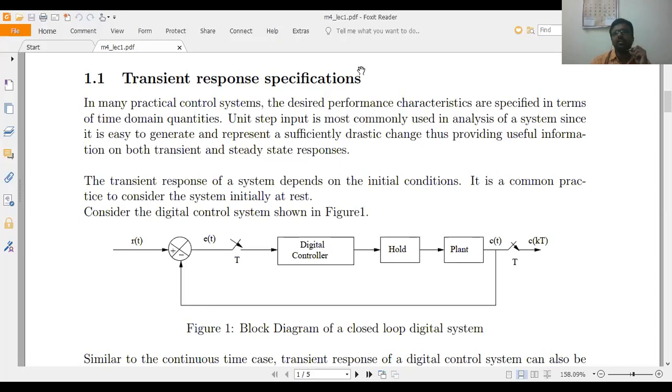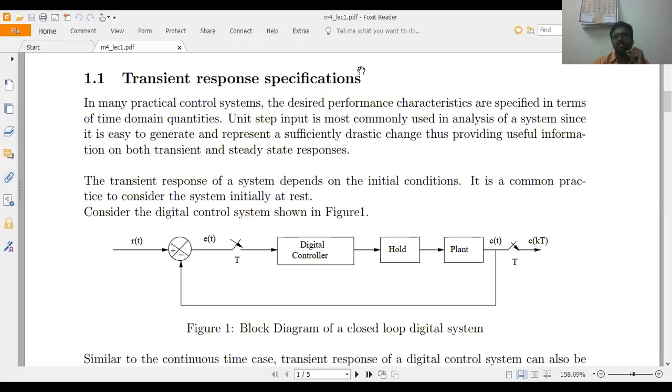Initially, we will discuss the transient responses. The transient response of a system basically depends upon the initial conditions. In order to determine the performance characteristics regarding the transient response, that response depends on the initial conditions of the system.